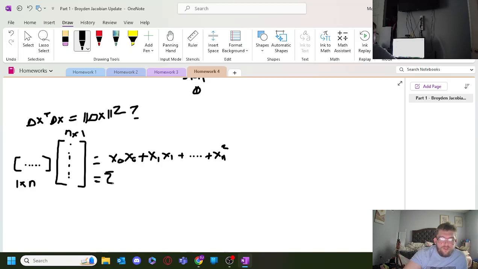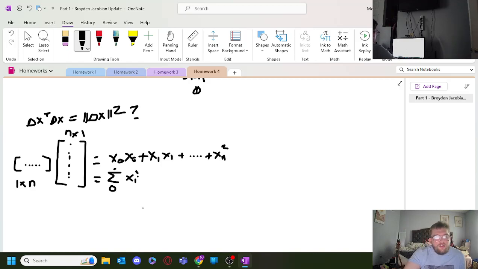To write this in summation notation, we go from 0 to n of xi squared. So that's what the left side boils down to: just take each of the elements in delta x, square them, and add them together.